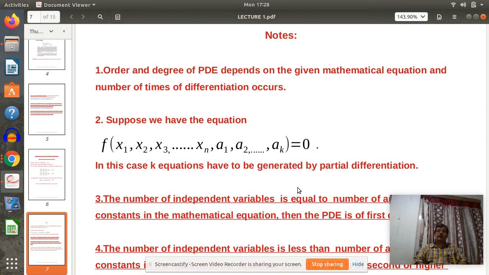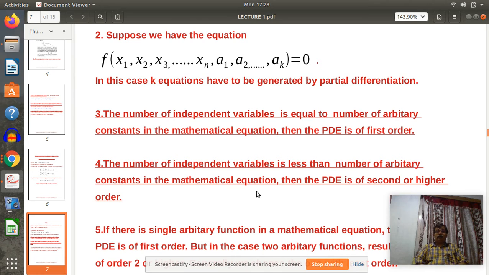As it has k arbitrary constants, we have to generate k equations, that is, we have to apply partial differentiation k times. That's point 2.